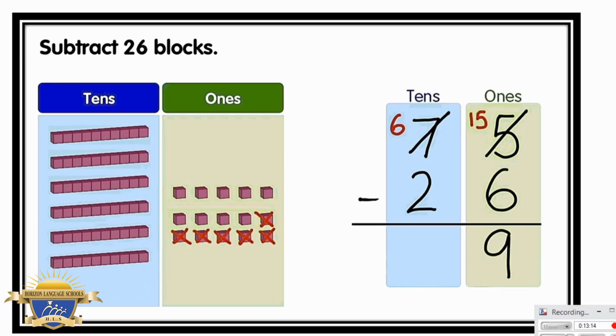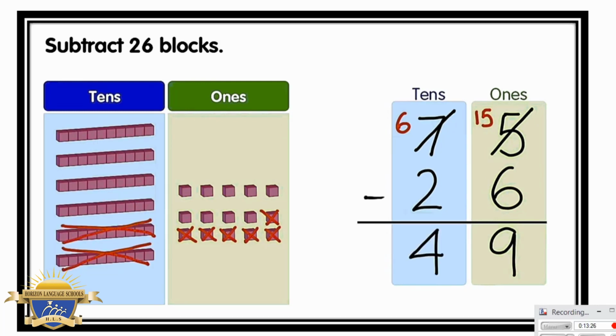Excellent, it's 9. And 6 minus 2, we will subtract 2 tens from the 6. So 1, 2, 3, 4 will be the leftover. So 6 minus 2 equal 4. So 75 minus 26 equal 49.